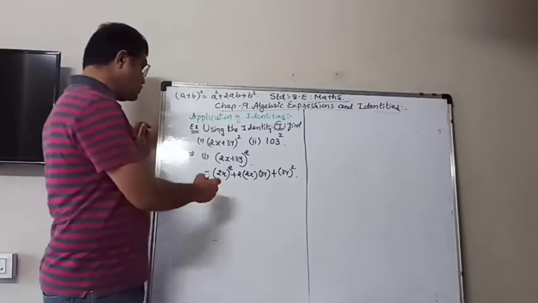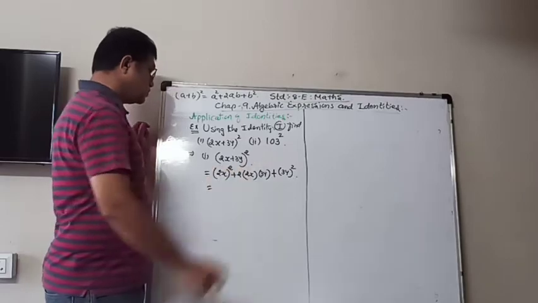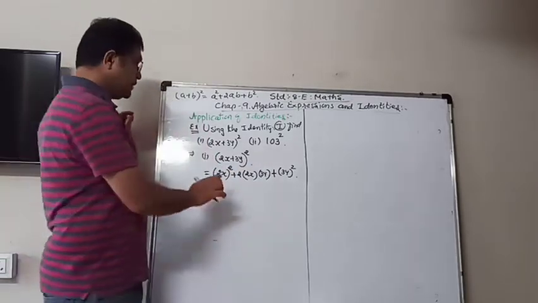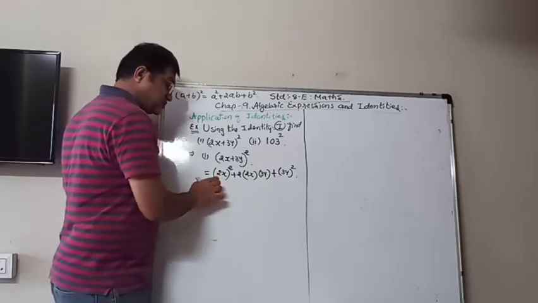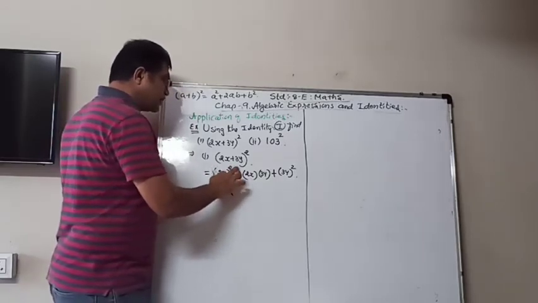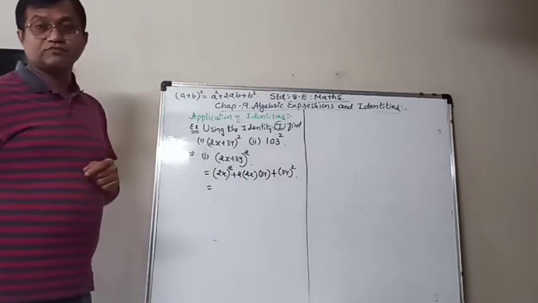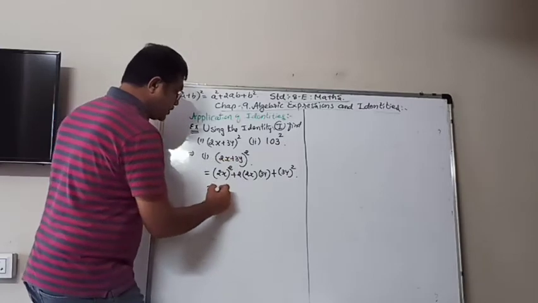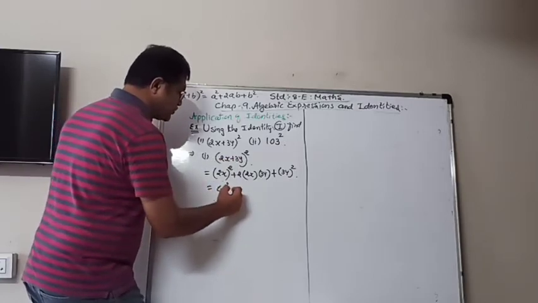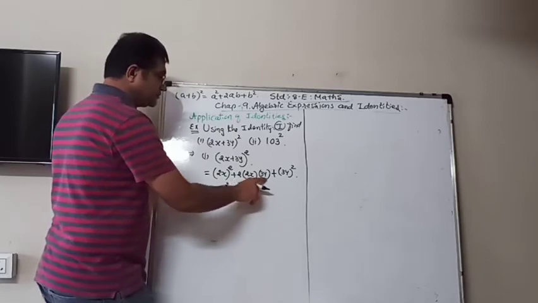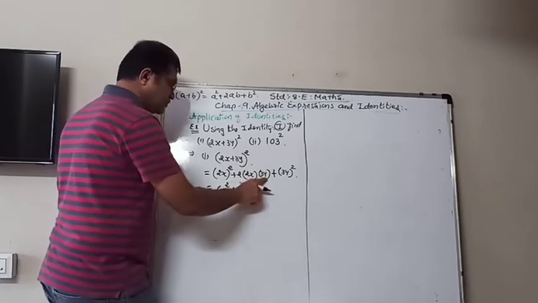Now you have to use these laws. Here (2x) whole square means the square of 2 and the square of x also. What is the square of 2? 4. So 2 square is 4, so 4x square plus, first you multiply 2 into 2x into 3y.